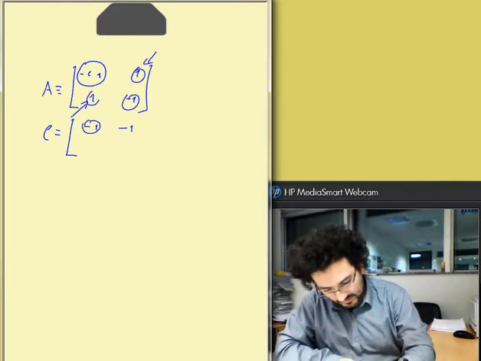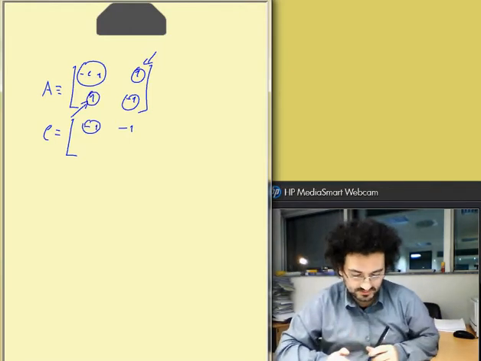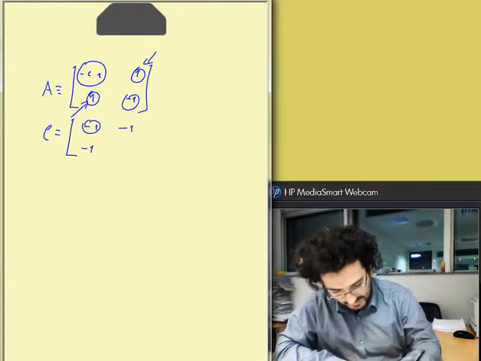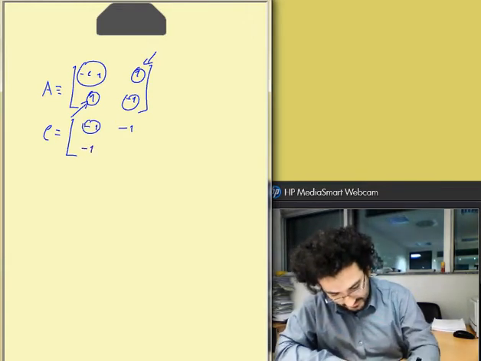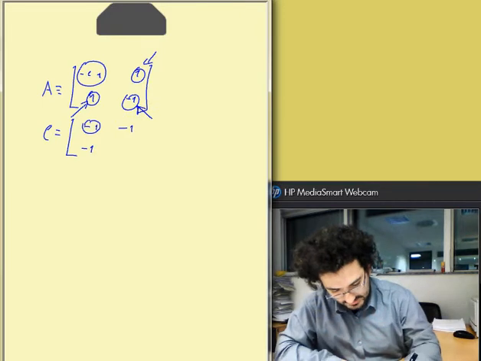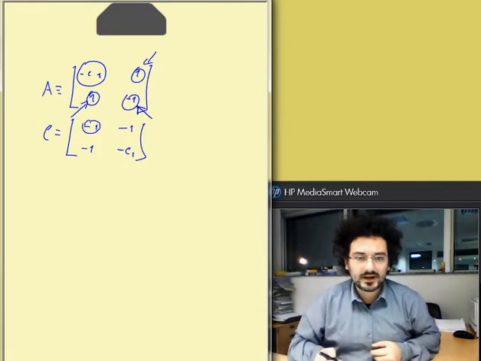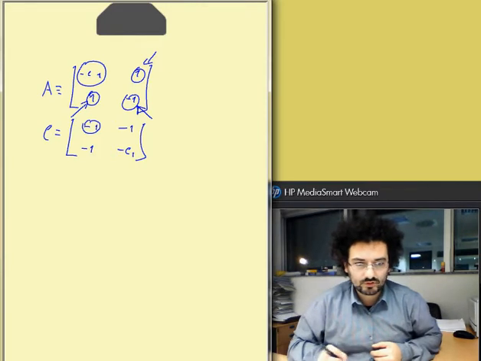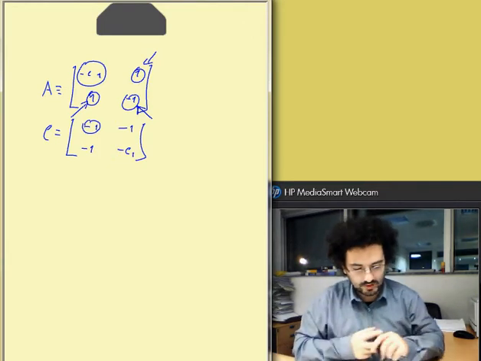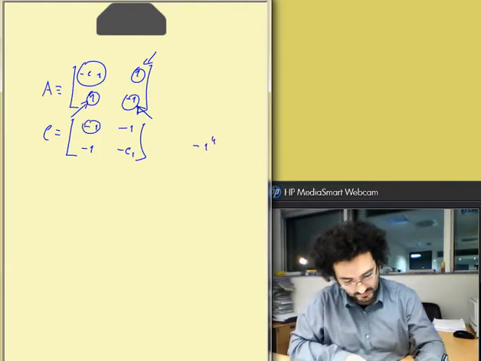The same when we consider the cofactor of the other element. Finally, the cofactor of the last element is 1 with the same sign, because it's in position 2, 2, and minus 1 to the power of 4 is equal to 1.